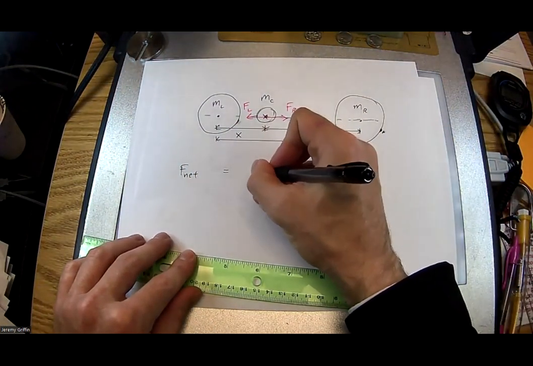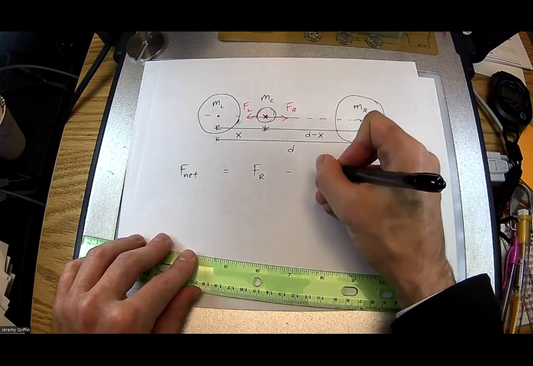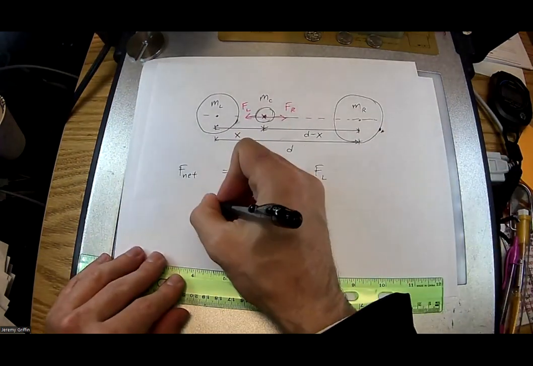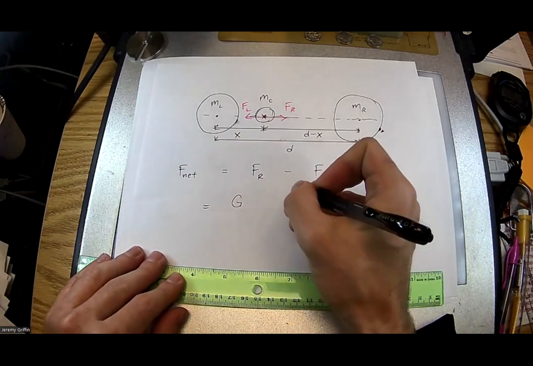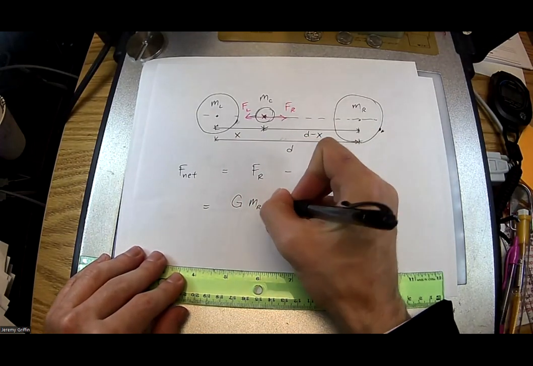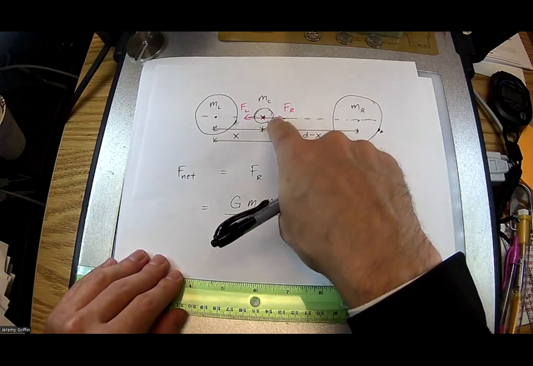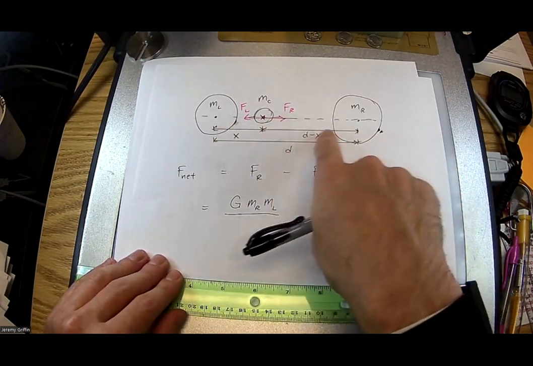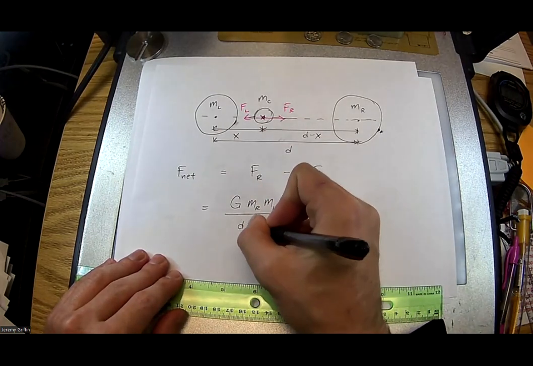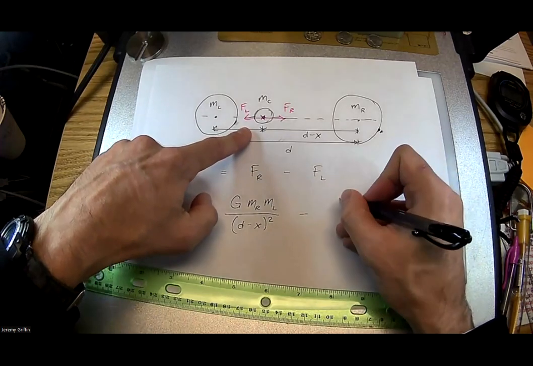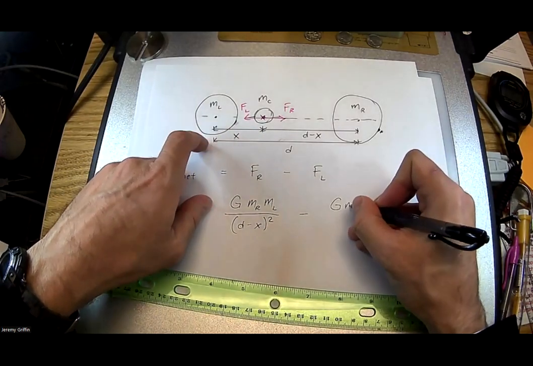So let's go force right minus force left. That's going to be universal gravity constant G m over, okay, so to the right, if I'm doing right minus left, this is (d minus x) quantity squared, and then minus, and then to the left I have G mass left.